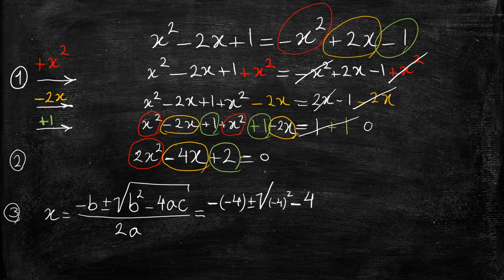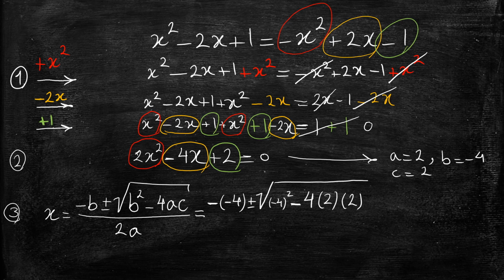We said a is 2, b is -4, and c is 2 as well. So minus 4 times a, which is 2, and c, which is also 2. Square root of all that, divided by 2 times a. a is 2 again. Great.